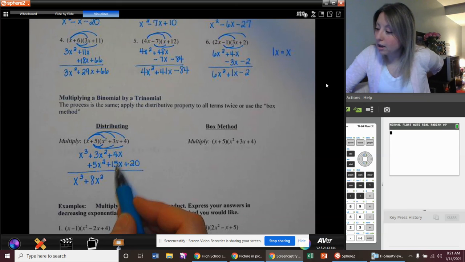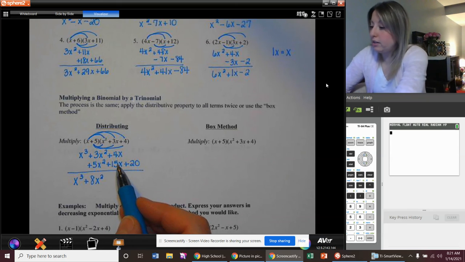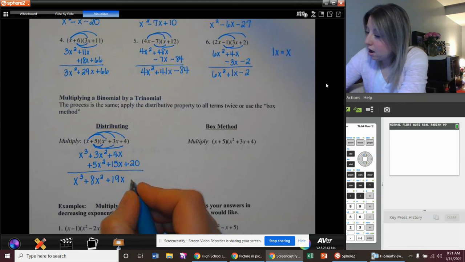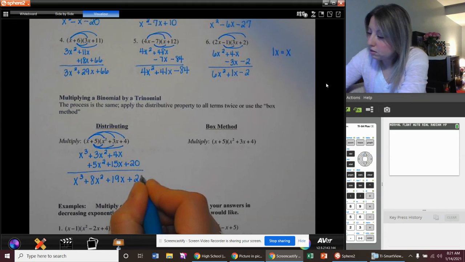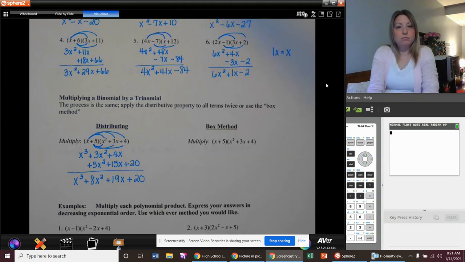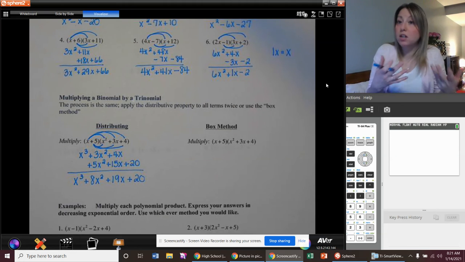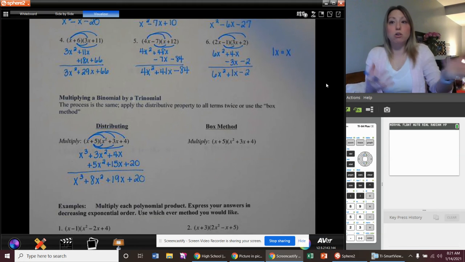Then you've got 4x plus 15x. That is a positive 19x that comes down. And of course, nothing else like the 20, so bring down that plus 20. So how I was doing the FOIL problems above is one way to continue handling a binomial times a trinomial.